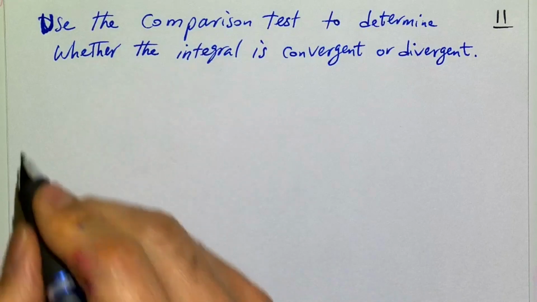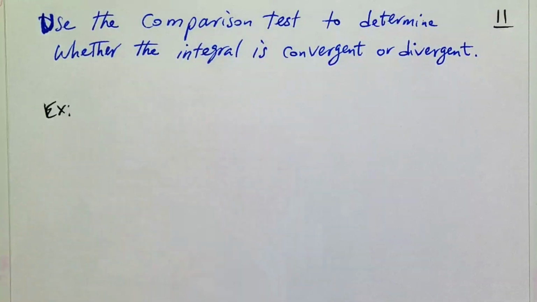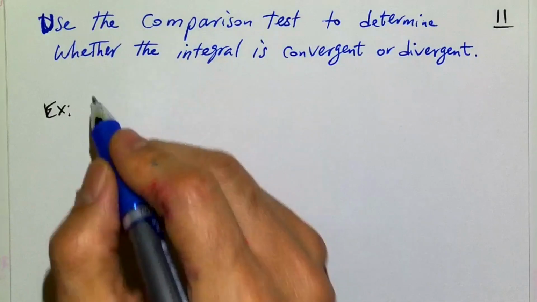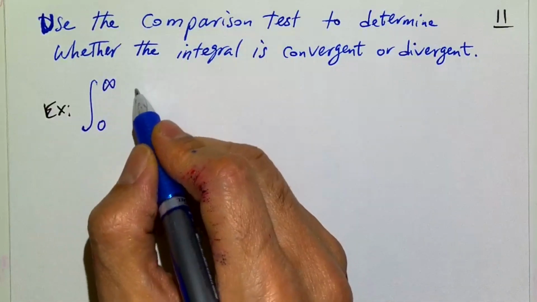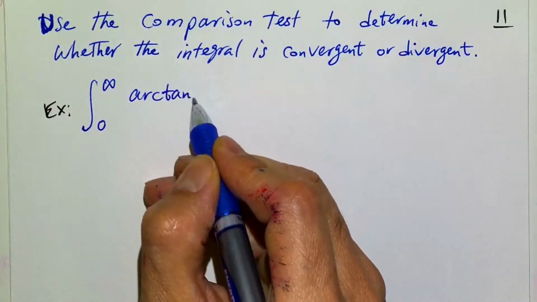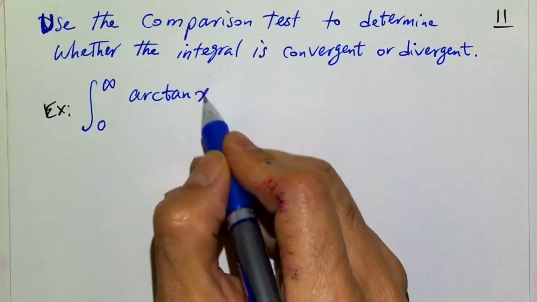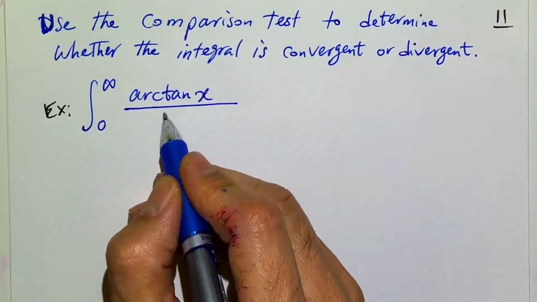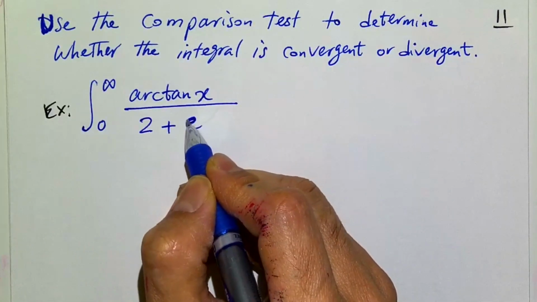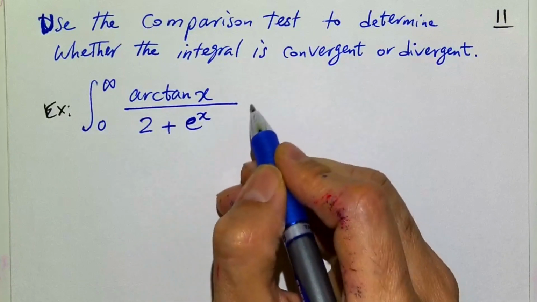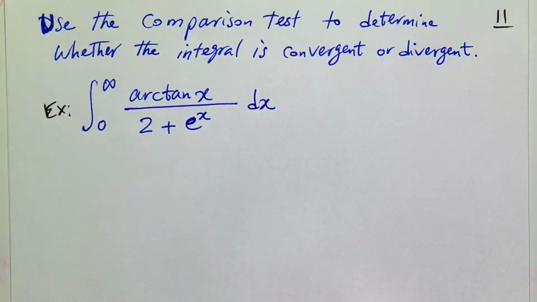Okay, and here is an example. So we want to integrate arctangent x divided by 2 plus e to the x dx. Okay, let's see.